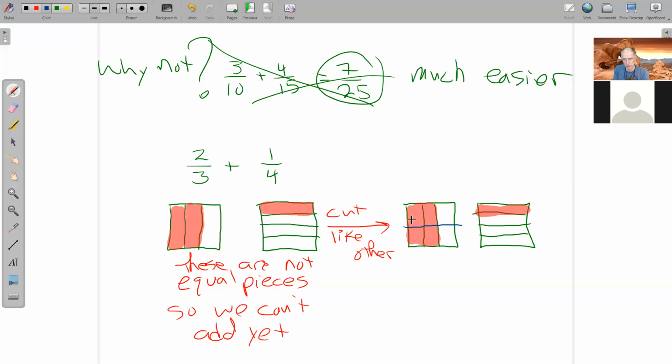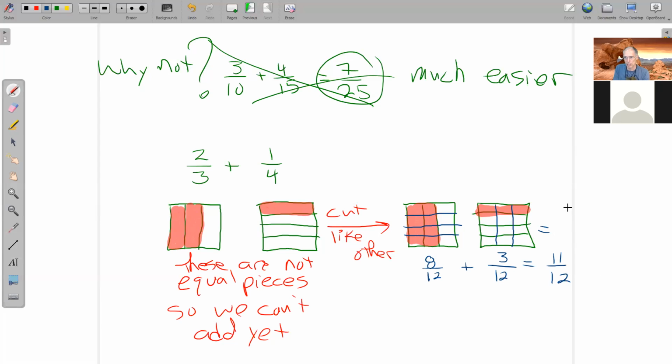So that this one needs its fourths and this one needs its thirds. Now I have equal sized pieces. I have 12ths to work with. And here I can see it's 2 by 4, so there's 8 12ths there. And this is 1 by 3, so there's 3 12ths there. Now I have like pieces, so I say, oh yeah, 8, 9, 10, 11, there's 11 12ths there.